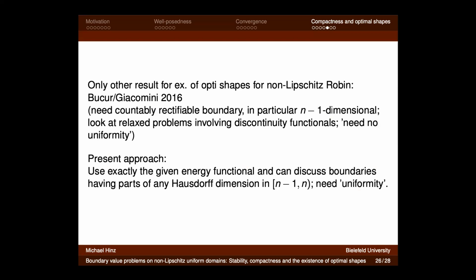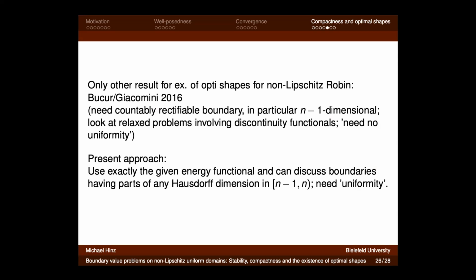What they do is they go into a theory of BV functions, and they do some sort of relaxation of the energy functional. So they change the problem in order to be able to observe compactness. We do something else. We don't change the energy functional, but we make the class of possible shapes very huge.